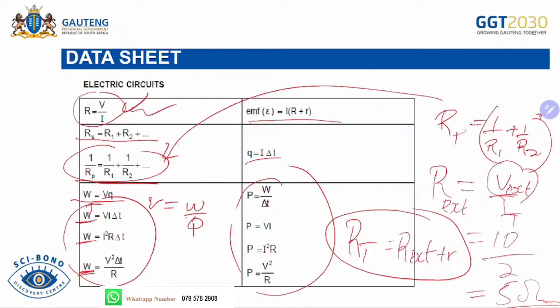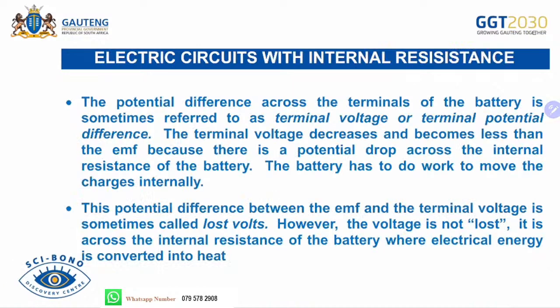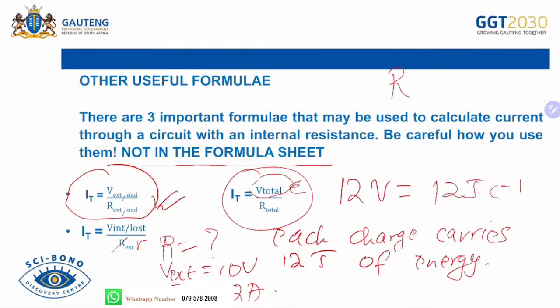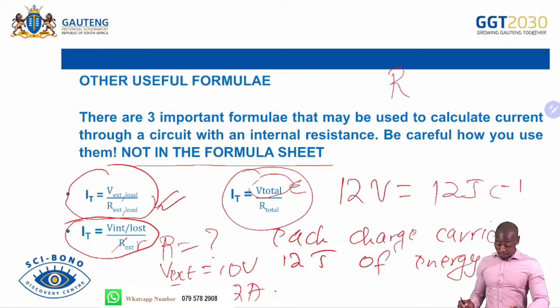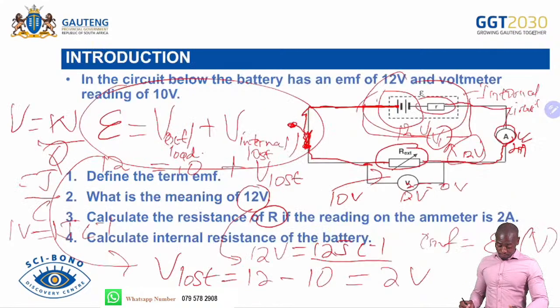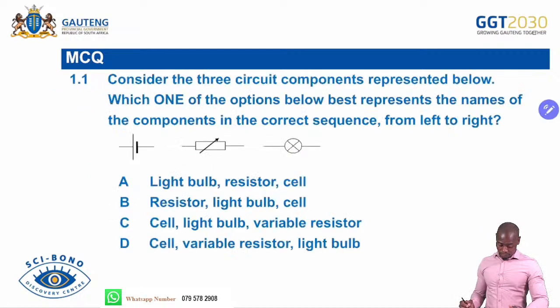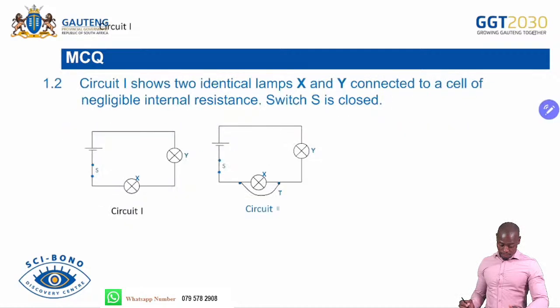Let's go back. So these are some of the equations that we can use, right? We can use this one, because we are looking for the internal resistance. Okay? Right, I can also use this space.